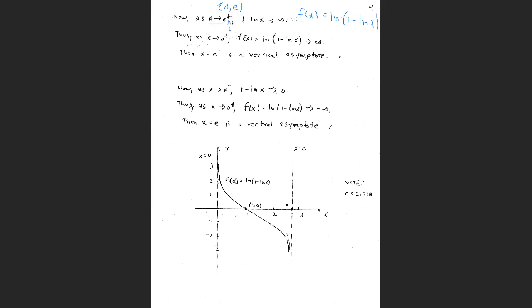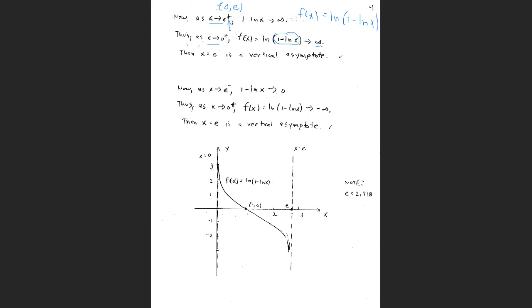Because what happens to the log function as x gets less and less positive? The log function gets negative. And 1 minus a negative infinity is equal to positive infinity. So therefore, as x approaches 0 from the right, our function has to approach infinity, because we're taking the log of a function that approaches infinity.